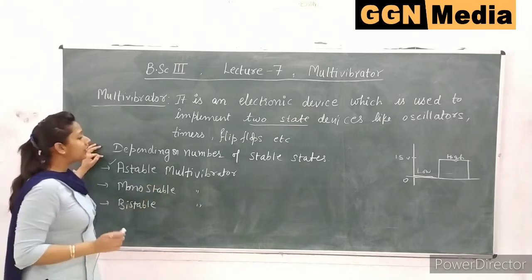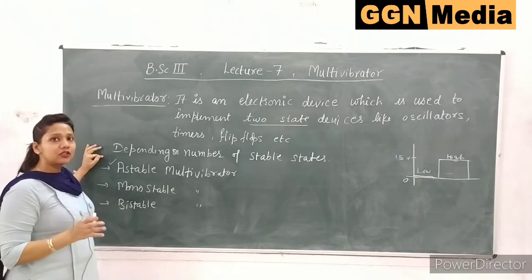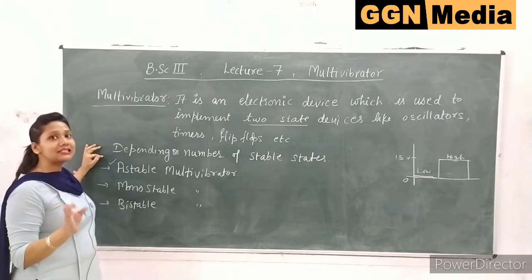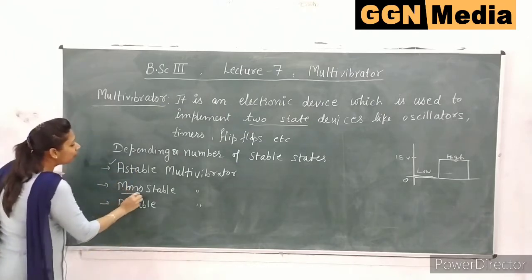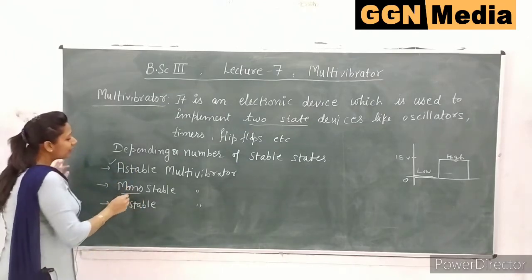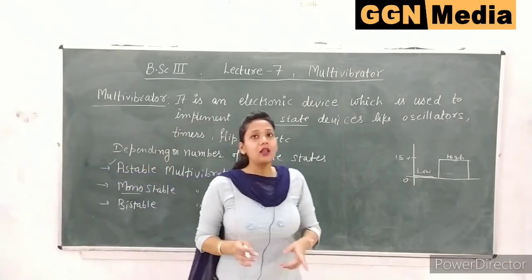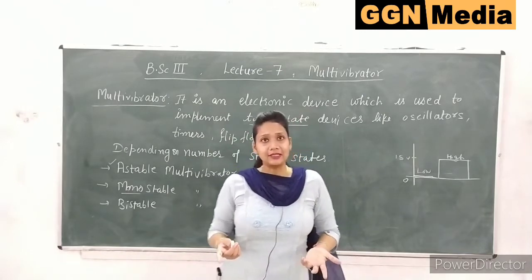So astable multi-vibrator is a kind of multi-vibrator in which output will not remain stable in any of the two states. Mono means one. So in monostable multivibrator, the output will remain stable only in one state and unstable in the second state.